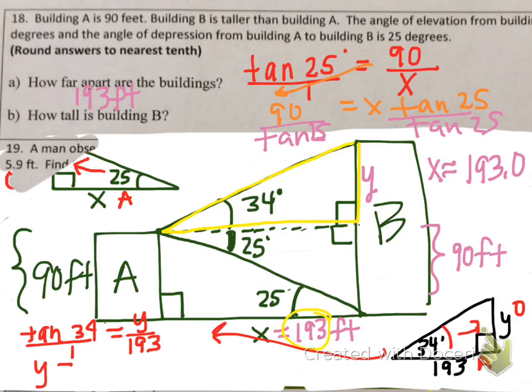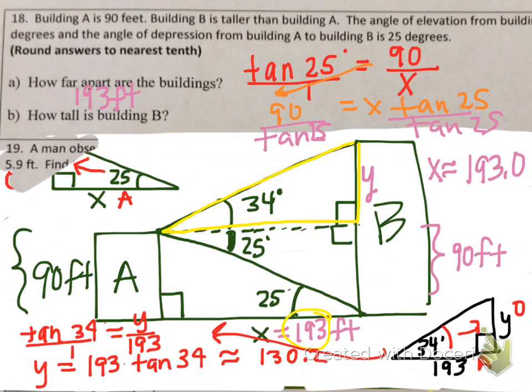So y is equal to 193 times tangent of 34. So, into my calculator, I'm going to type in 34, then hit tangent, and then times 193, and round it to the nearest tenth. That was 130.2.